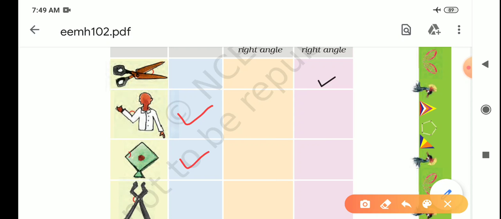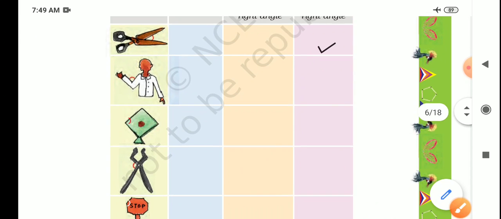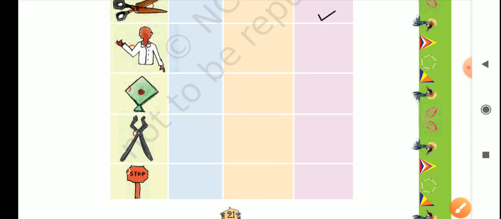Then next, the angle is more than a right angle. It is more than 90 degrees. So we will put a tick mark in the column of more than a right angle. Then next, the last picture.